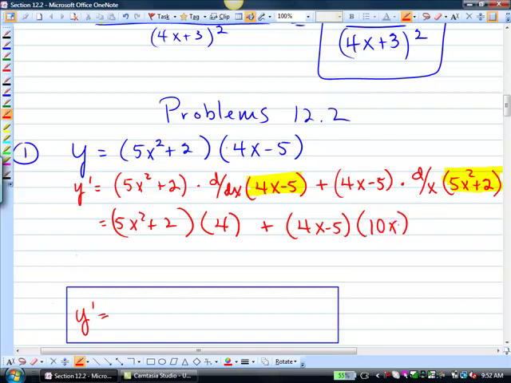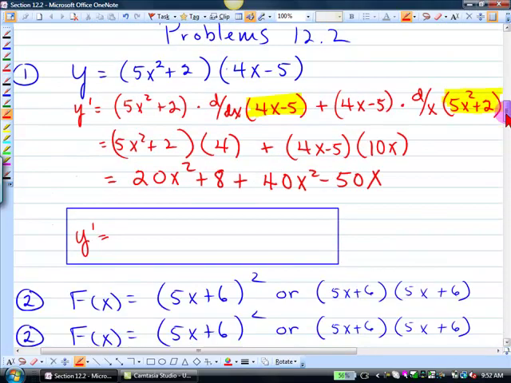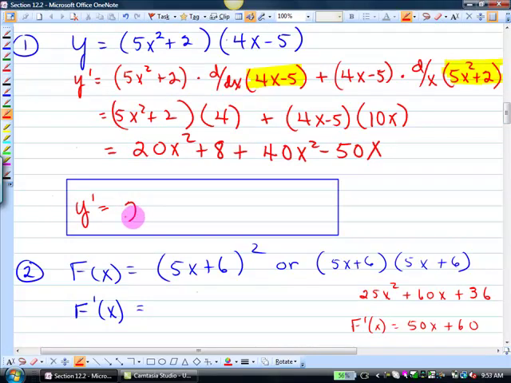Okay. So multiply out. Then you'll collect your like terms for your final answer, and you get not 20, it's 16.